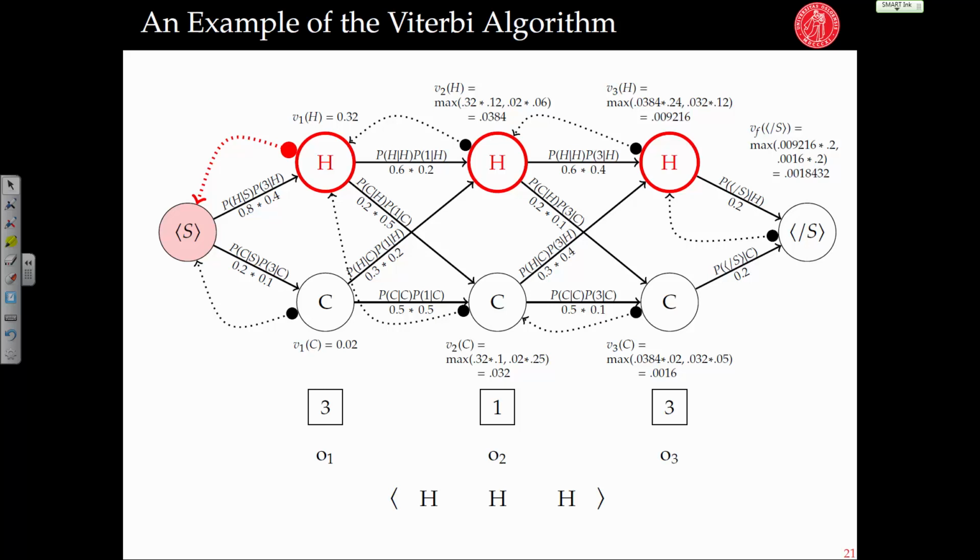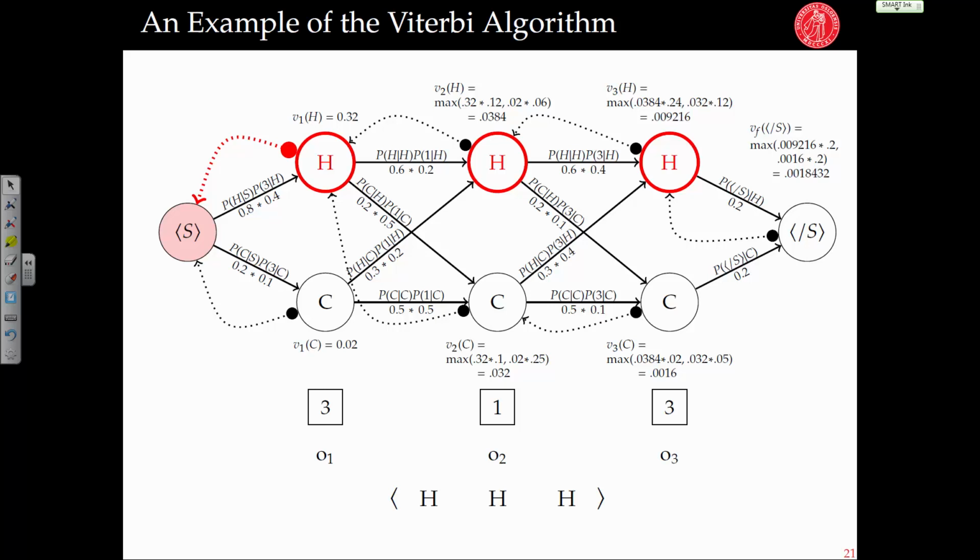The emission probability, so to here it's S to H. There is no emission probability from S to H. The emission probability is only to the observation, right? But there is a transition probability. So you can have a transition from a non-pseudo state to a pseudo state, which is in this case the end sequence.